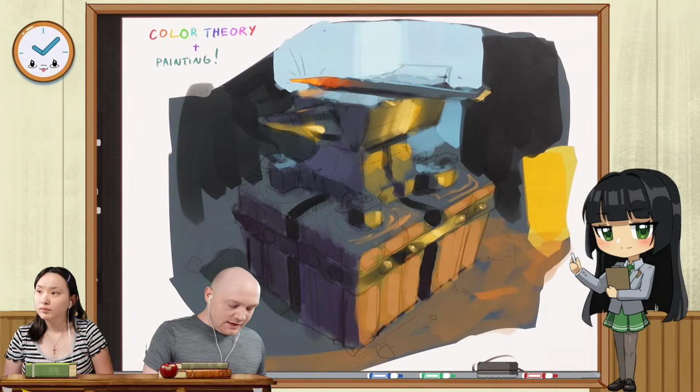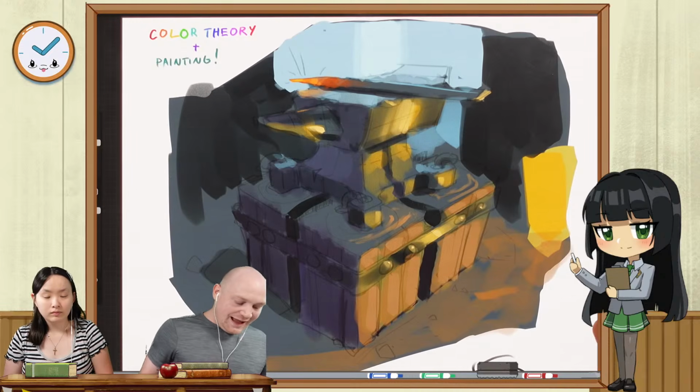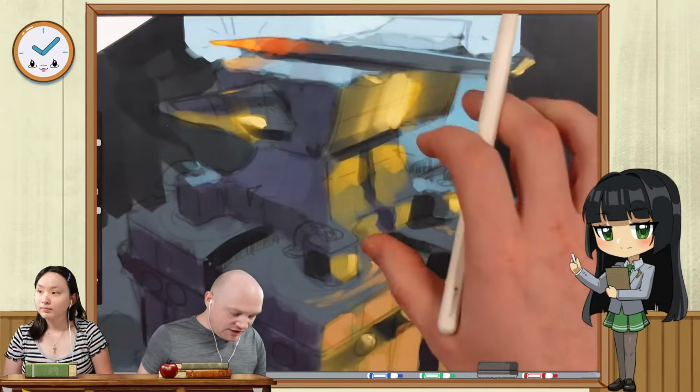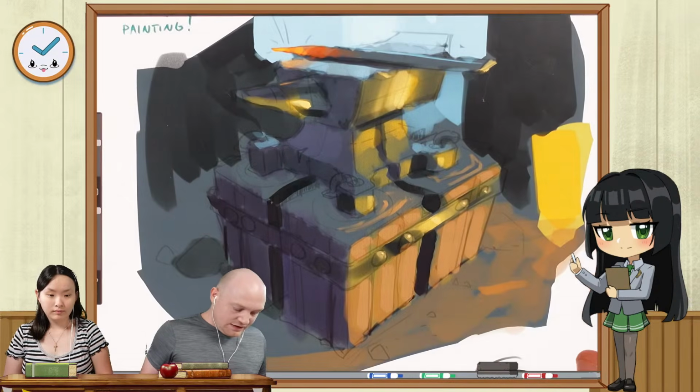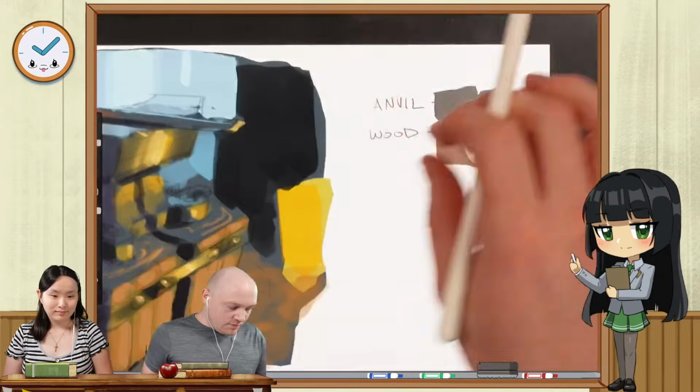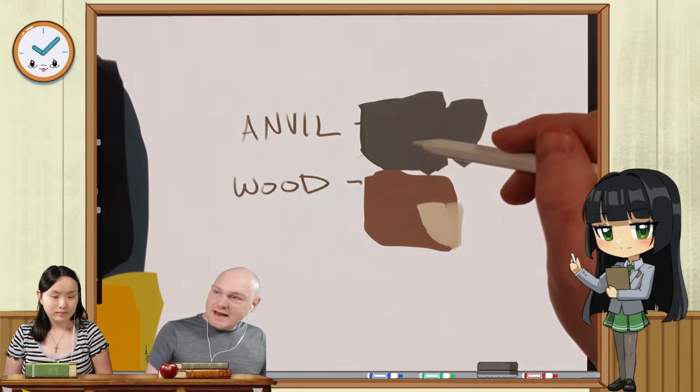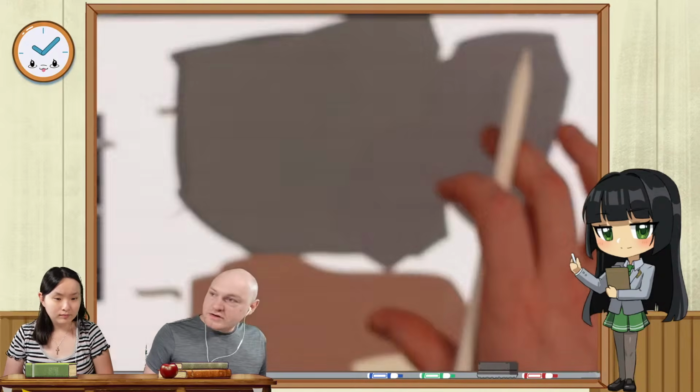It's like, is the rendering believable? Is the light behaving consistently throughout the scene? I could change the color of this anvil as long as it's consistently changed across the entire painting. It doesn't really matter that much. So this was the anvil color that I decided on.